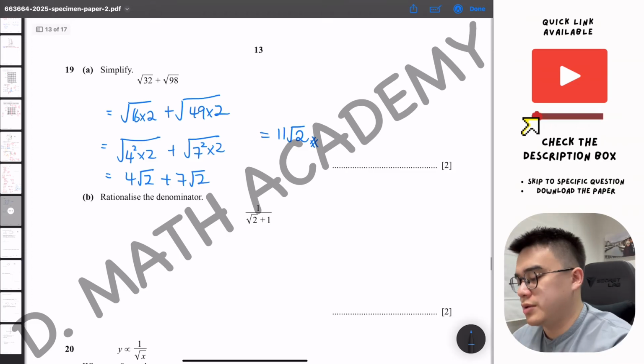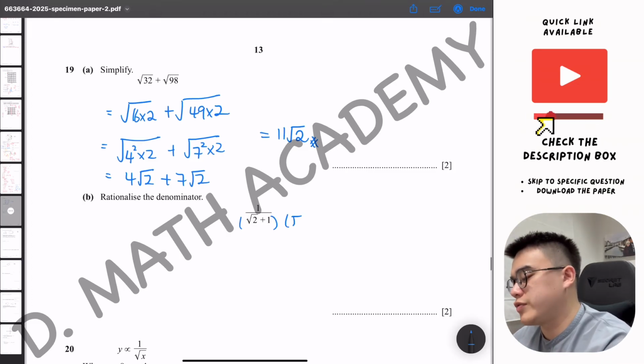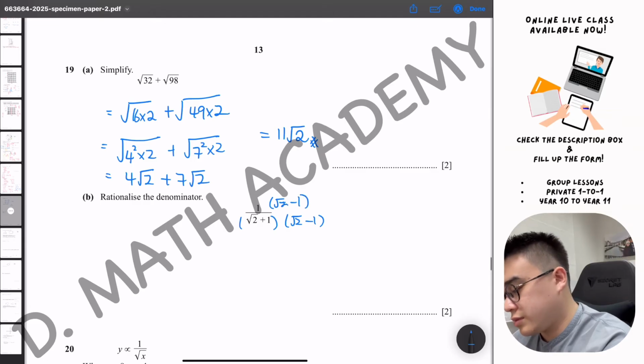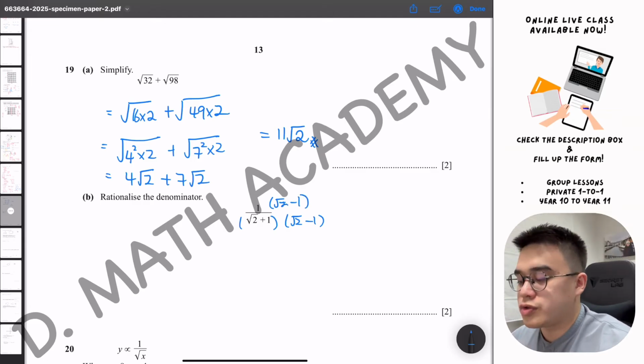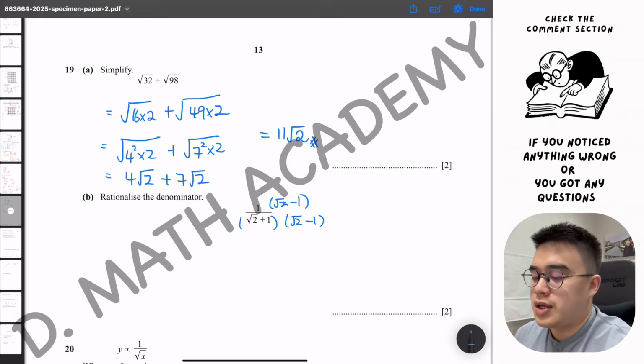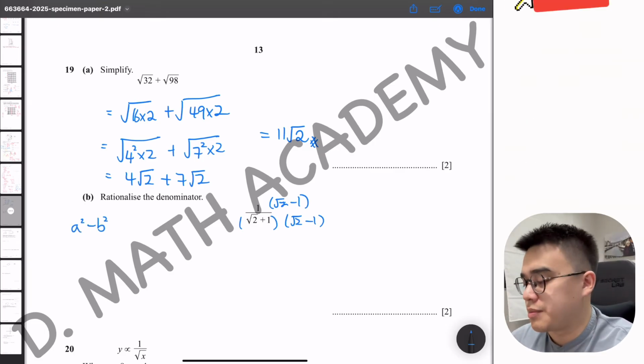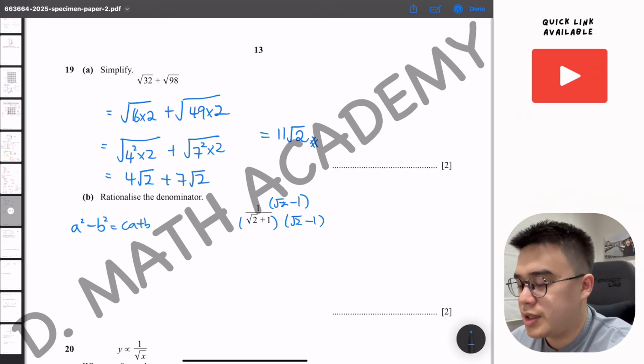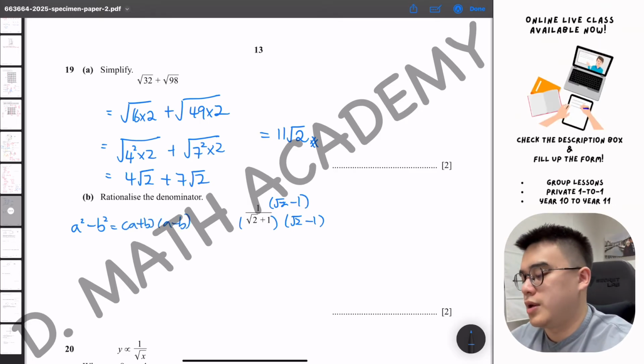Rationalize the denominator. You're supposed to multiply it with square root 2 minus 1. For those who are unsure what I just did, it's built on this concept called a squared minus b squared, and you get a plus b and a minus b.